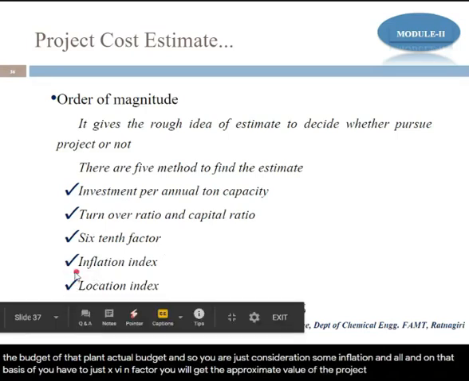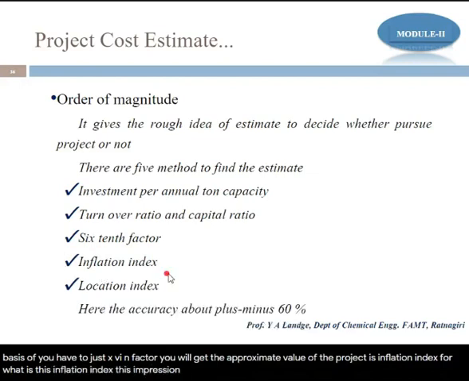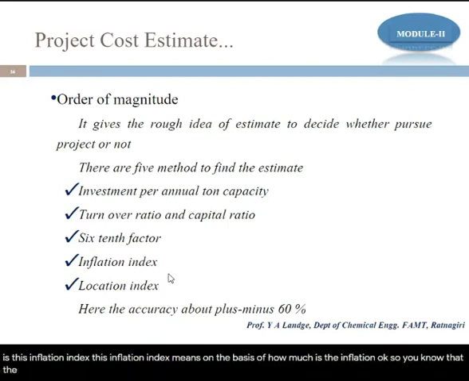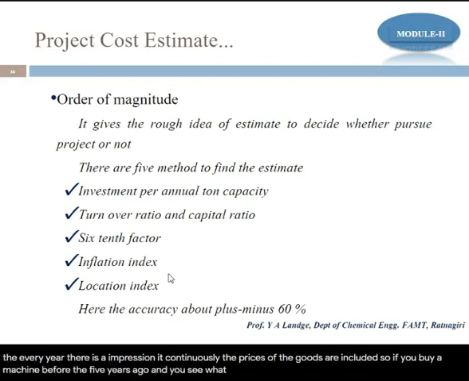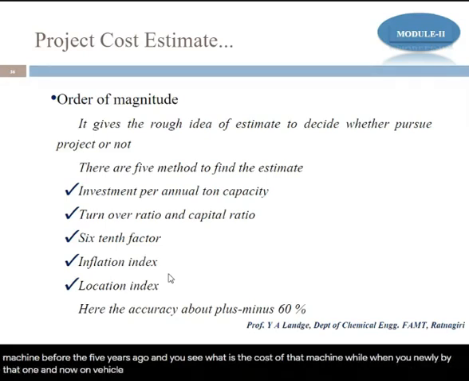Fourth part is the inflation index. What is this inflation index? It means on the basis of how much the inflation is. You know that every year there is inflation, and the prices of goods continuously increase. If you bought a machine 5 years ago, you see what the cost of that machine is when you newly buy it, and now we consider the inflation index.